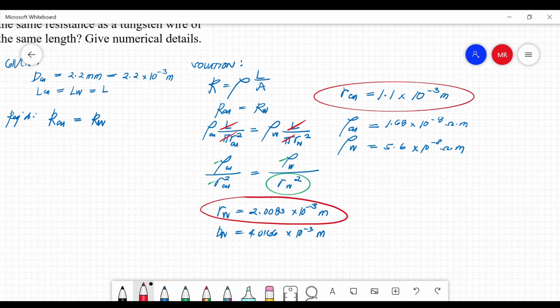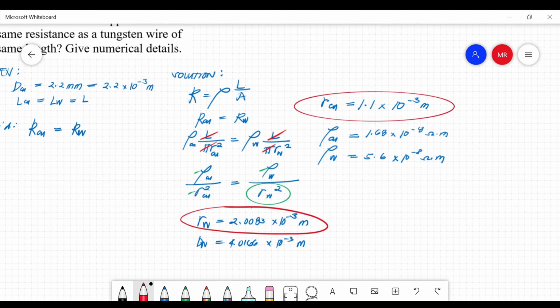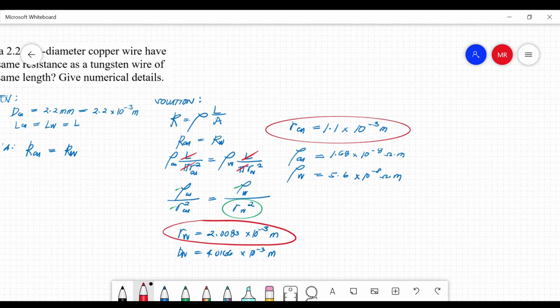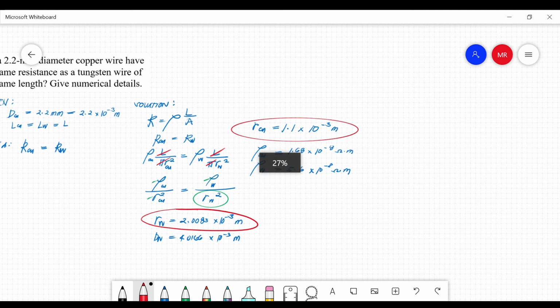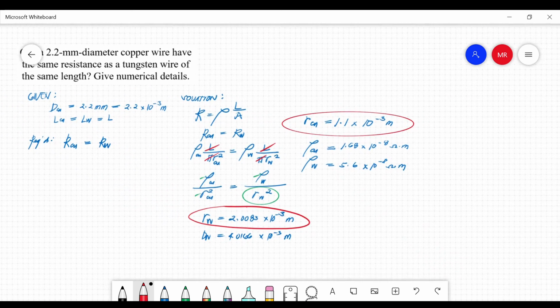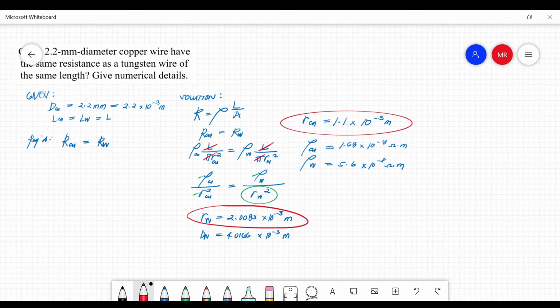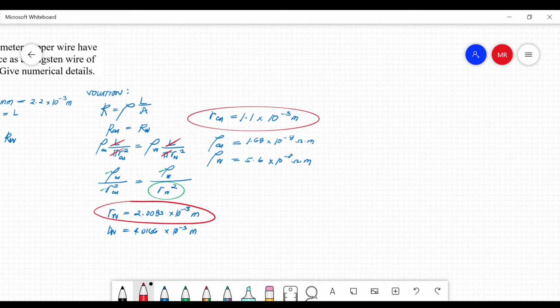And we can assume from this data that the higher the resistivity constant, the larger the radius or the diameter, of course, the cross-sectional area of the conductor. We can try to check this if they will have the same resistance given these values that we get.